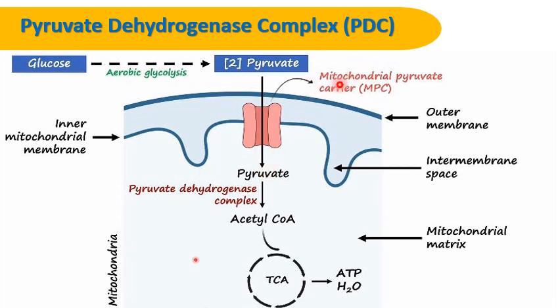The inner mitochondrial membrane contains a carrier protein that carries pyruvate across this membrane. So the mitochondrial pyruvate carrier will carry pyruvate from the cytosol to the inner matrix of the mitochondria. And then the pyruvate dehydrogenase complex will now catalyze the breakdown of pyruvate into acetyl-CoA.